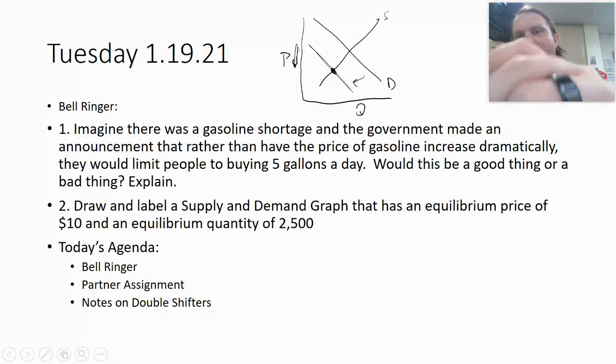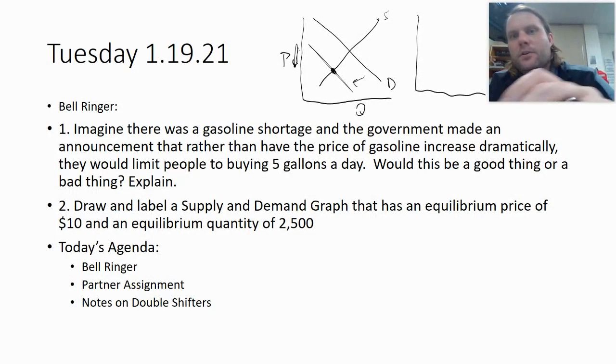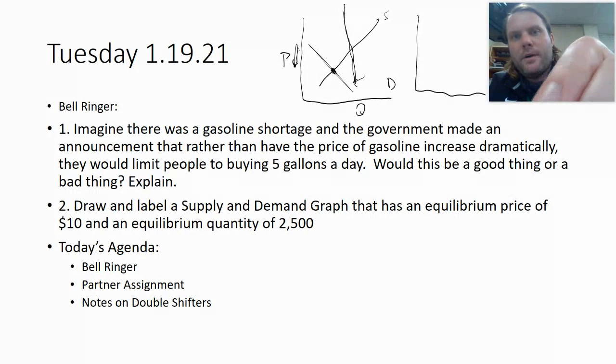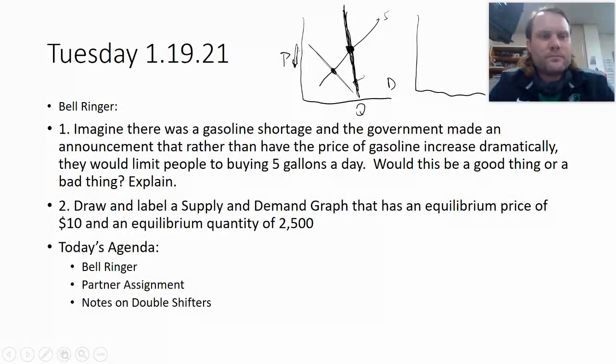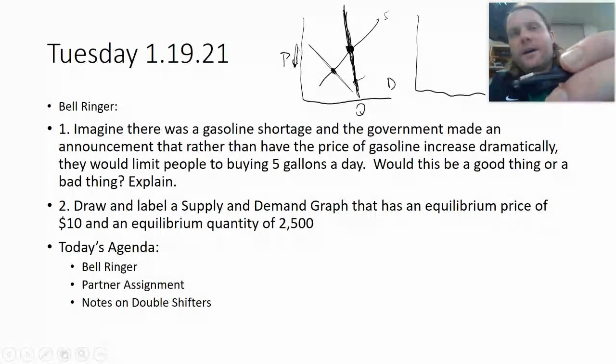Our demand for gasoline looks a whole lot closer to a vertical line, so it's very inelastic. I'm going to demand a very set amount. I've got to get to work. I guess you could decrease how much you demand if you don't go on vacation, but again, it's very challenging to do that.